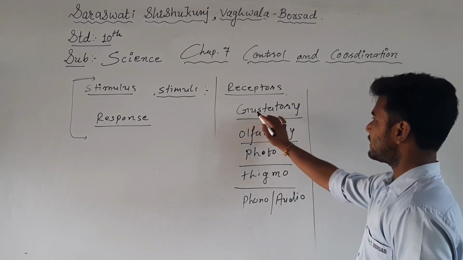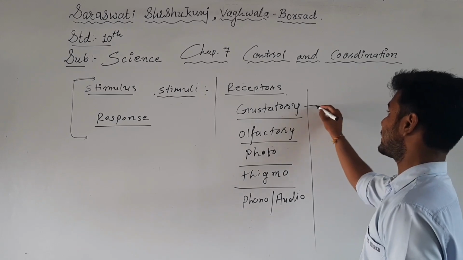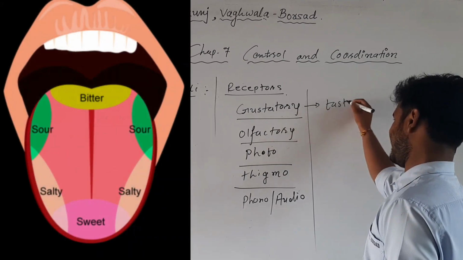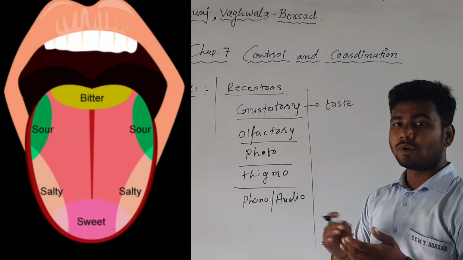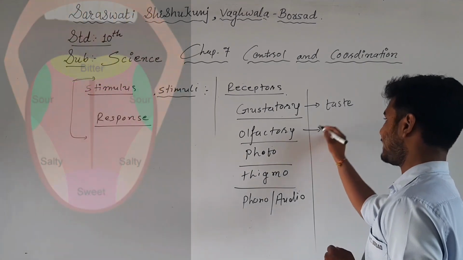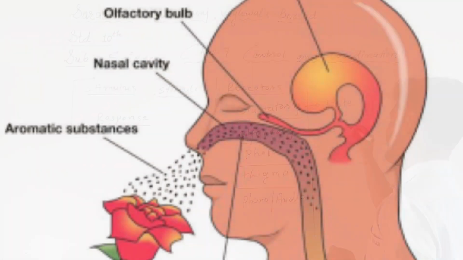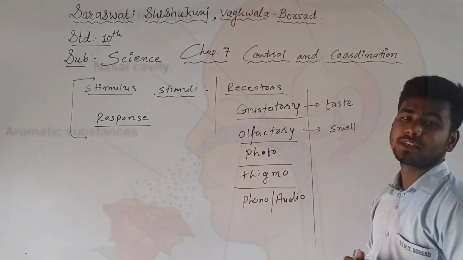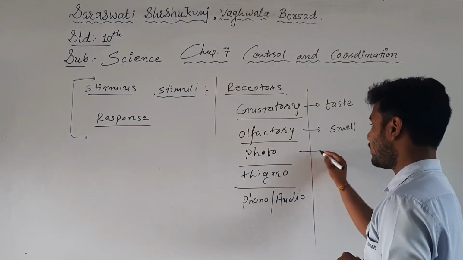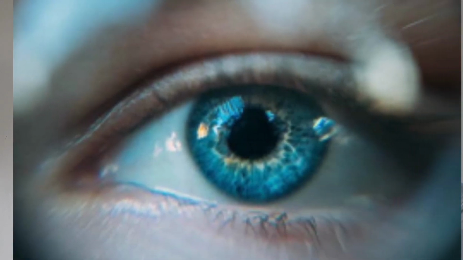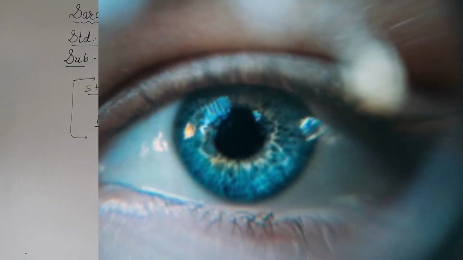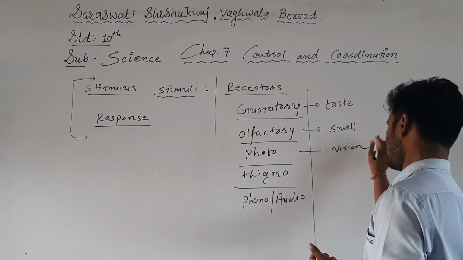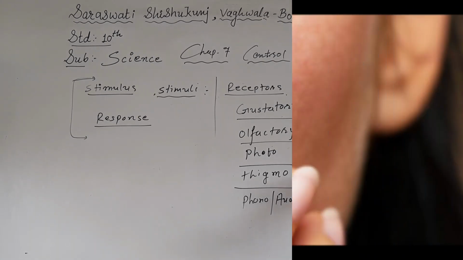Now see here, gustatory receptors are related to taste, and they are located on our tongue. Olfactory receptors are related to smell. Photoreceptors are related to our vision.